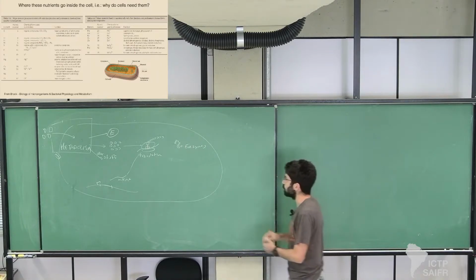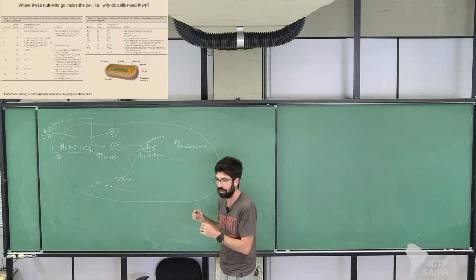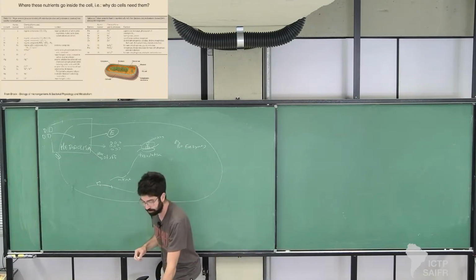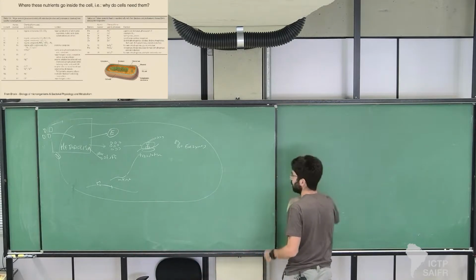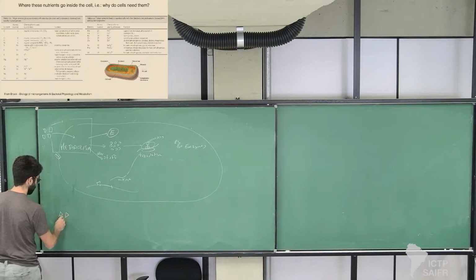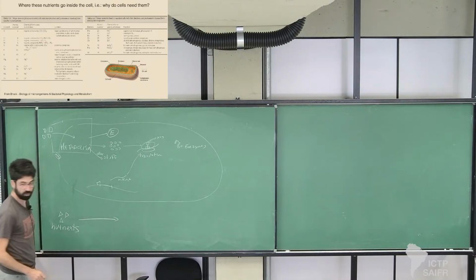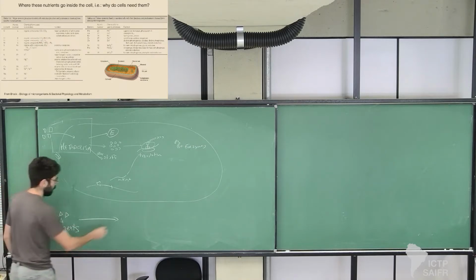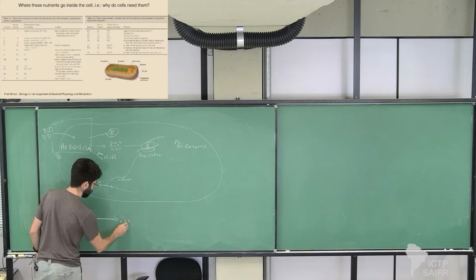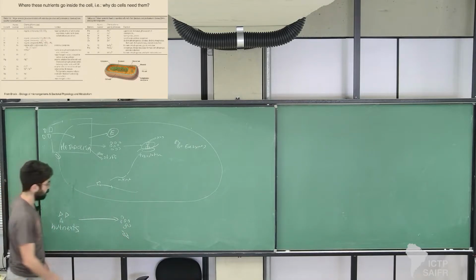Okay, so we have this simple but still a bit complicated picture, more complicated than what I want to do, and let me simplify it even more, okay? So the simplification is that we have nutrients, and then there is a flow, a flux, and these produce amino acids, okay?